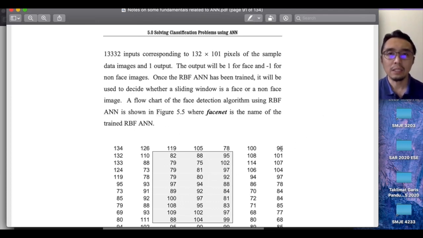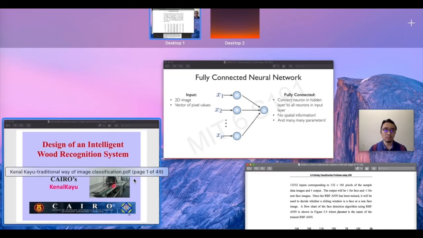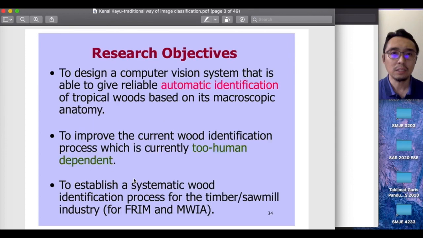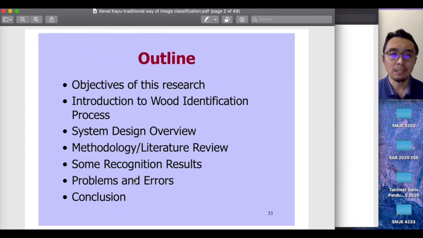So traditionally, how people do it is to extract features, which I will explain using this slide. So this slide has been uploaded in the e-learning. I won't talk about all of it, just highlighting a few points. So traditionally, how people do image classification is to extract features, and this feature data is fed through the neural network.